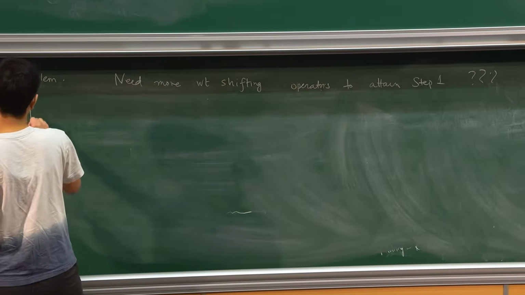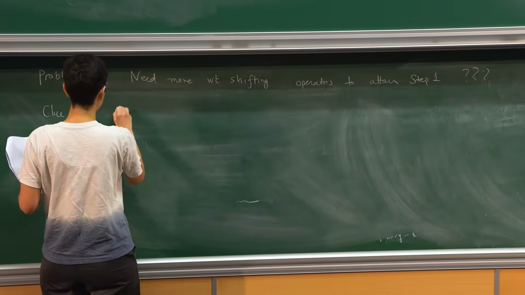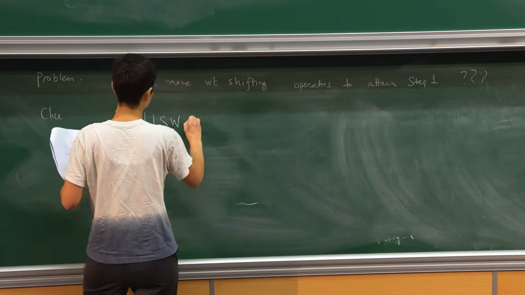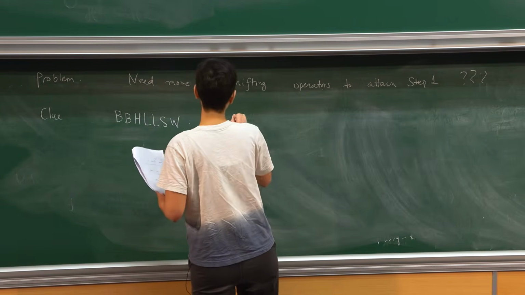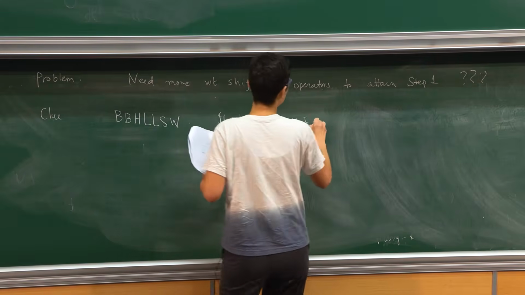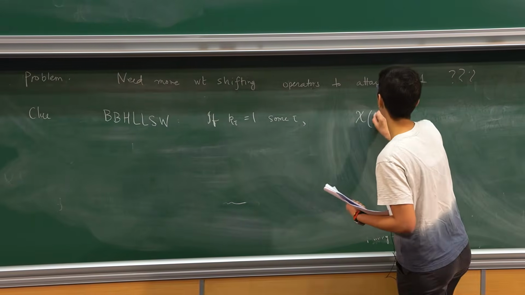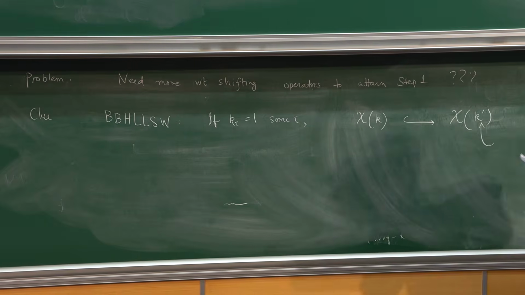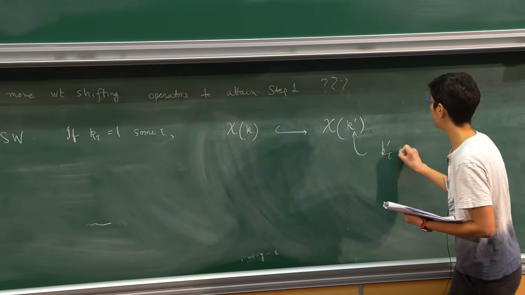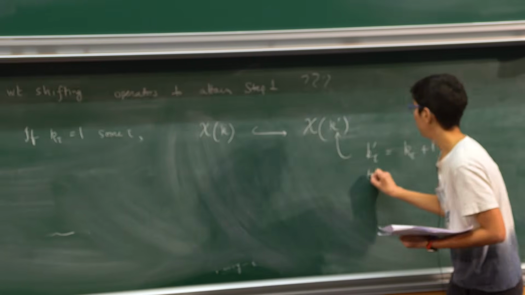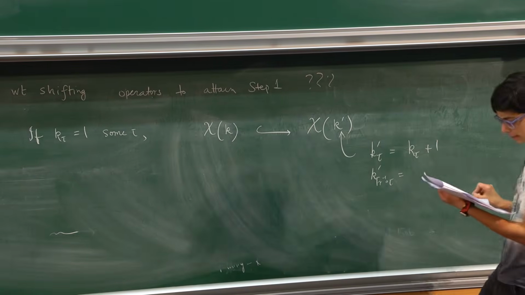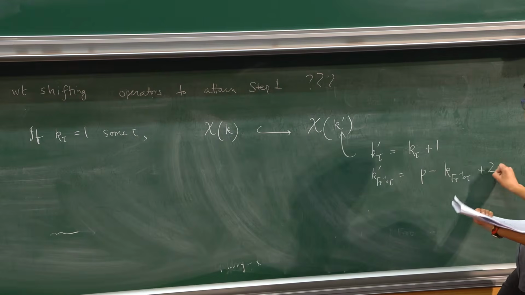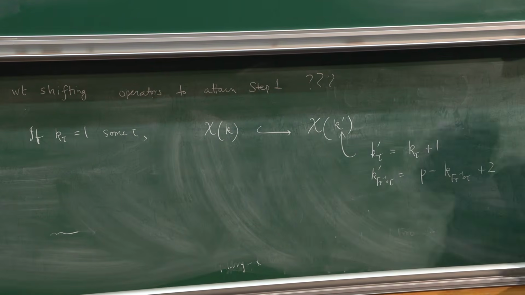So, a hint or clue. In my joint work with Levin, Bellovin, Hilado, Lee, Levin, Savitt, and Viersema, if k tau is 1 for some tau, then we exhibit on the Emerton-Gee stack side an inclusion of xk into some xk prime, where this k prime satisfies k prime tau is now, again, k tau plus 1, but k prime Frobenius inverse composed with tau is now this interesting reflection: p minus k Frobenius inverse composed tau plus 2, and nothing at the other embeddings.